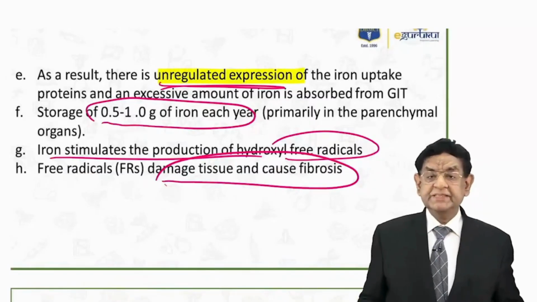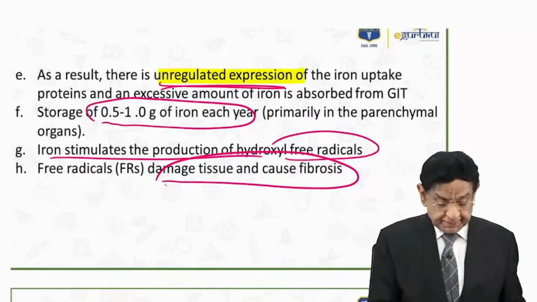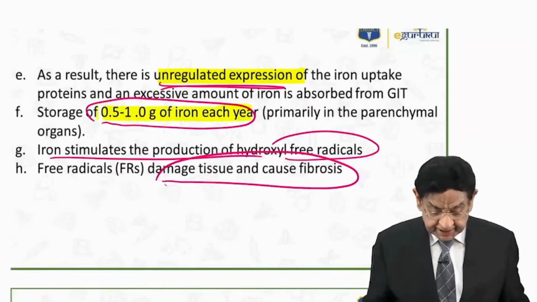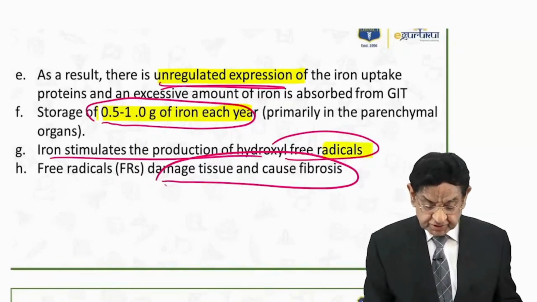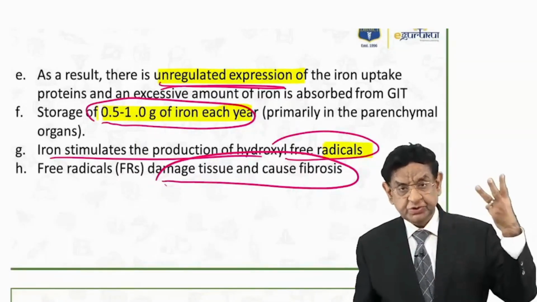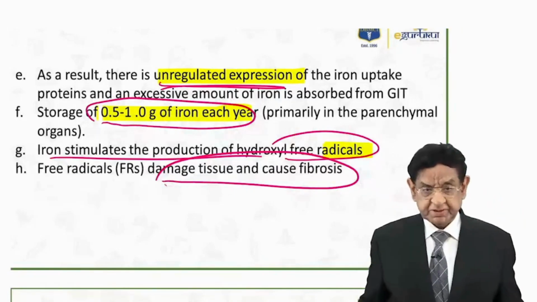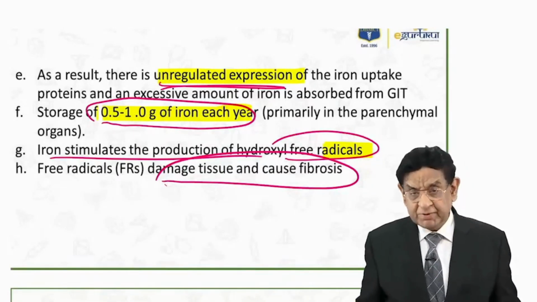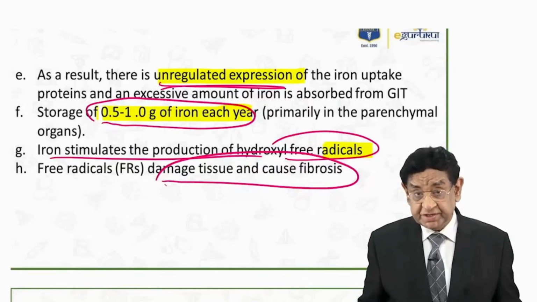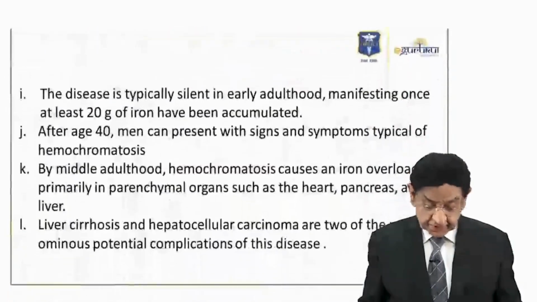There is an increase in the total iron content in the body, 0.5 to 1 gram per year, and ultimately they produce free radicals which cause damage. So there are 3 keywords in this particular slide: unregulated expression of iron uptake, about 1 gram of extra iron coming every year, and free radicals are produced.